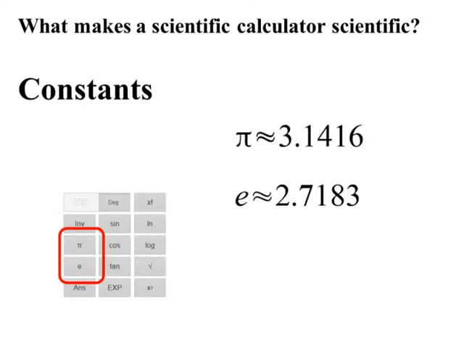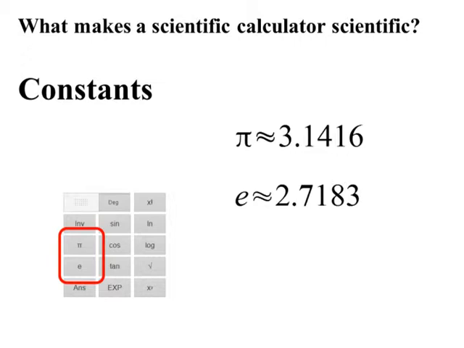Let's start with the constants. Pi and e. In case you've forgotten, these are both very important irrational numbers. You probably remember that being irrational means that if we tried to write these numbers down as decimals or as fractions, which is basically the same thing, or otherwise as ratios, it would take forever.